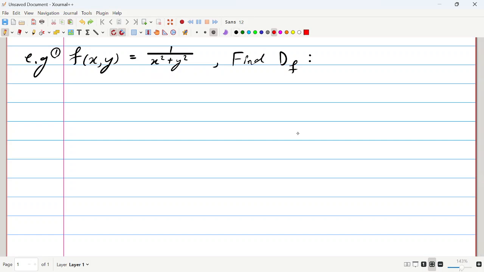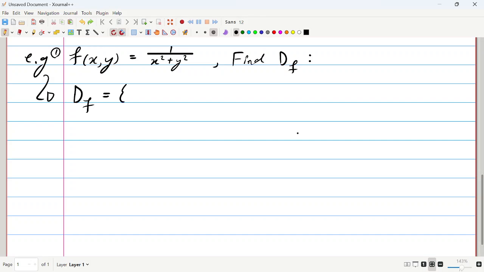So what we need to notice is that the domain of the function is going to be equal to, well, there's not much to really work out here because we already see what the domain is going to be. Just take note over here, we're working with two variables, right? The function f has two variables.